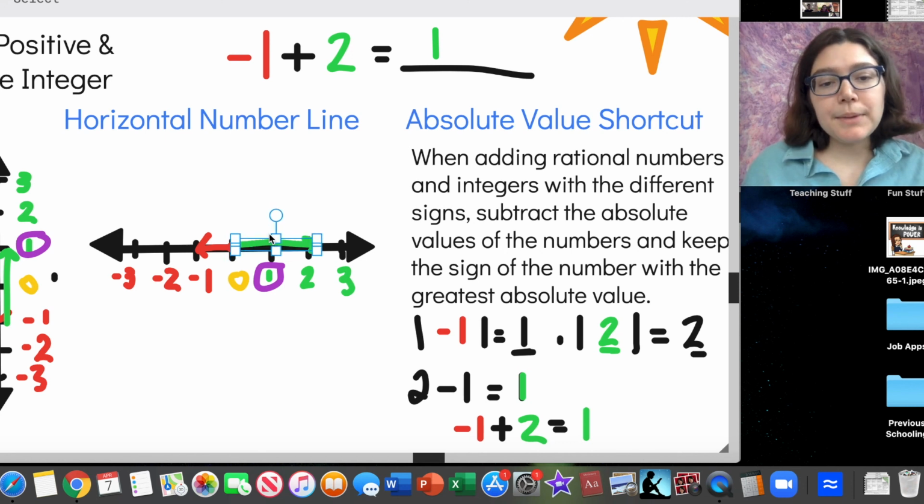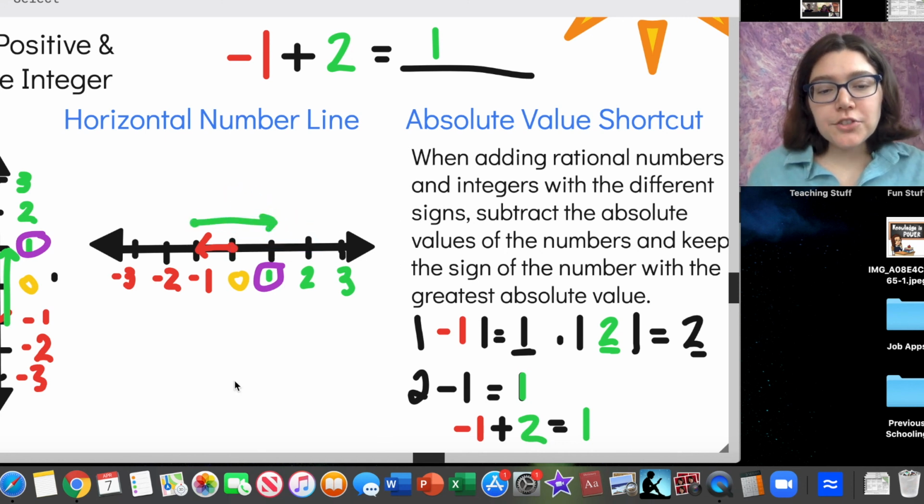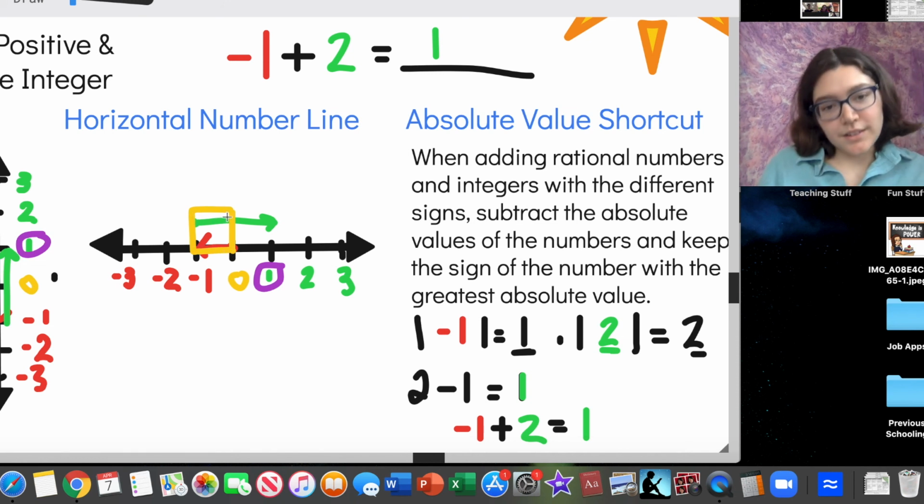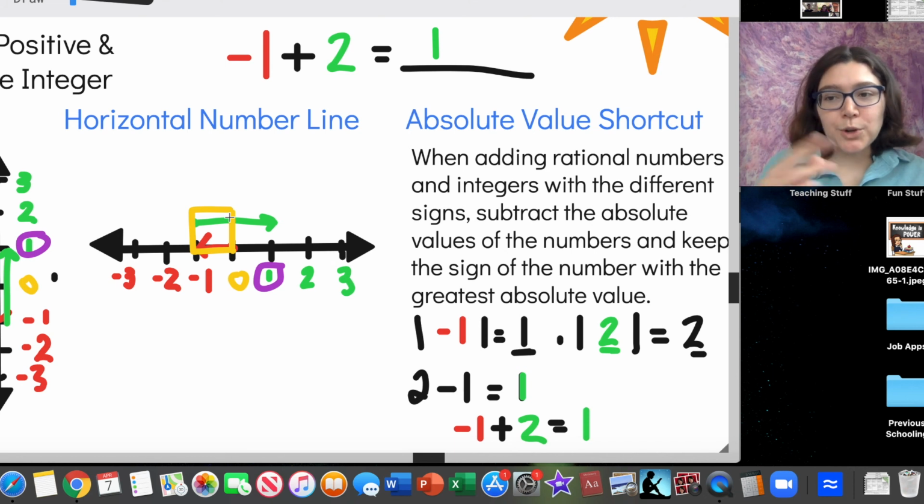But when I combine them, those are going in different directions. It's going negative 1 to the left, and then we have to add 2, so we end up moving 1, 2 to the right. So what that means is I go negative 1 plus 1, and I get back to 0. So that work that I just did there didn't matter. It went away.